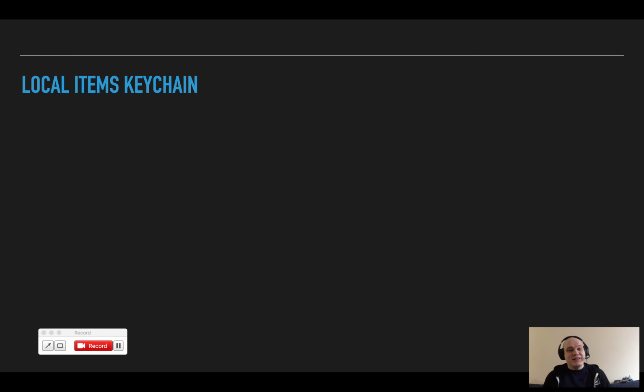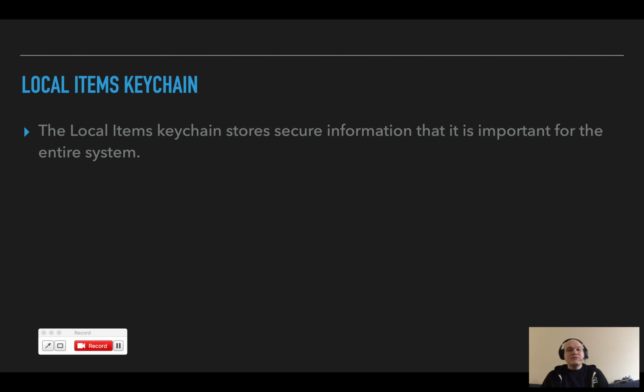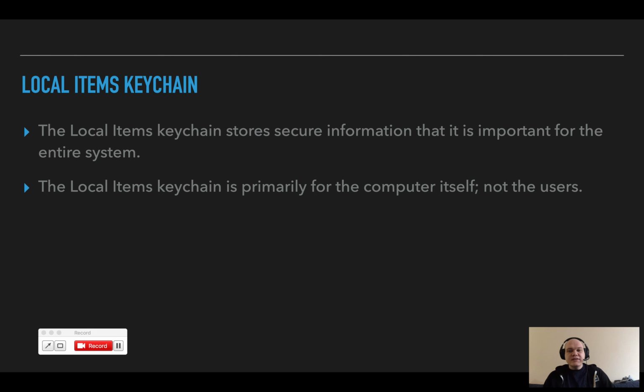Now, the other keychain is the local items keychain. It has a different purpose and does different things. The local items keychain stores secure information that's important for the entire computer. Computers can have multiple user accounts, right? Think of a lab computer. Anybody can sit down at one of those and log in and use it. The local items keychain is primarily for the computer itself, not for the users.